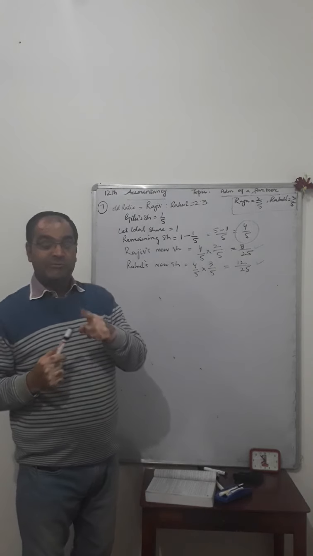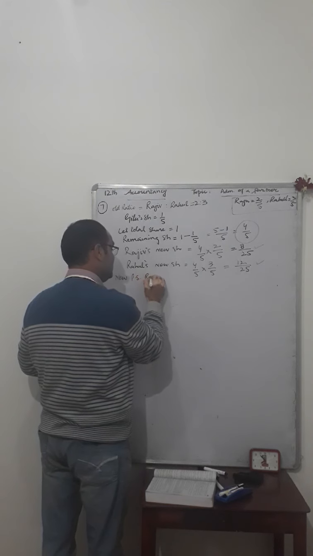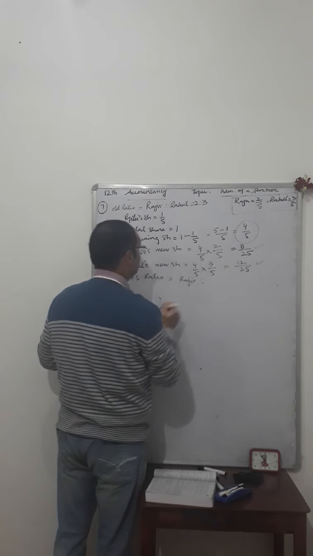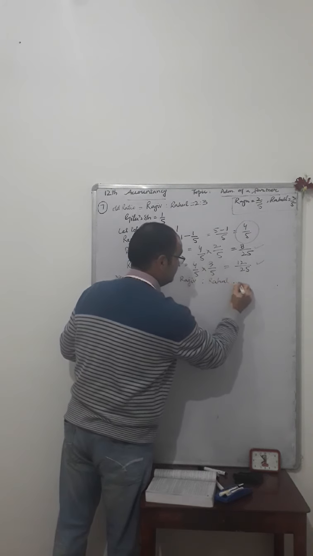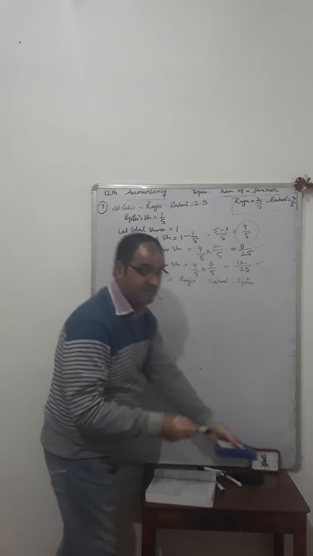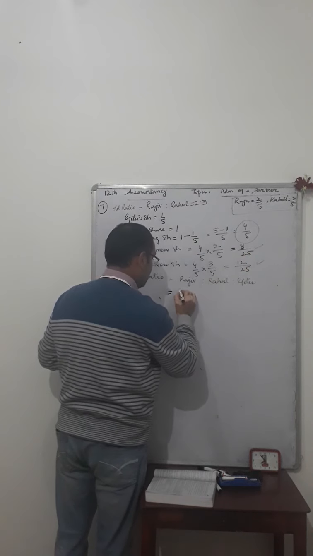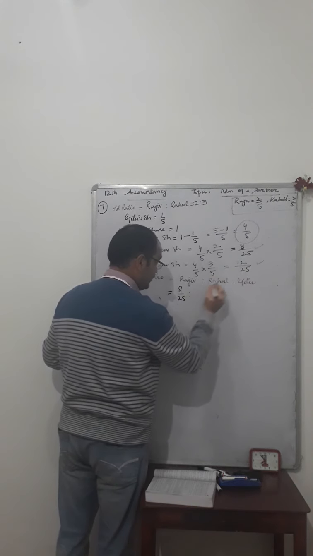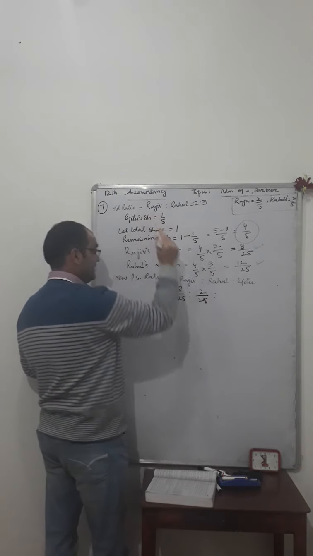So our new profit sharing ratio of the three partners, Raju is to Rahul is to the new partner, that is Geetu, is equal to Raju's new share 8 by 25 is to 12 by 25 is to Geetu's share, that is 1 by 5.